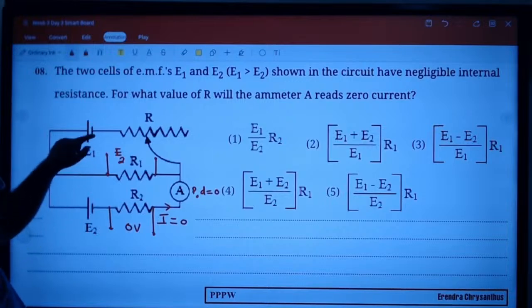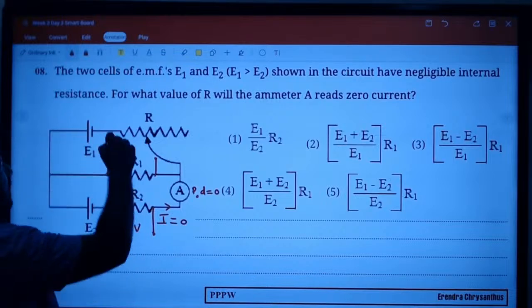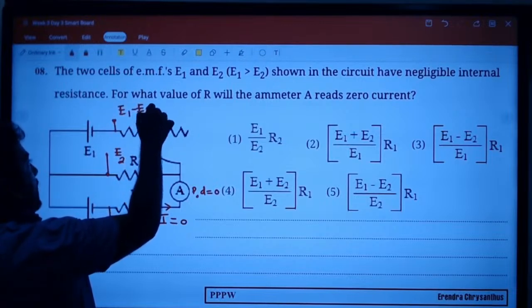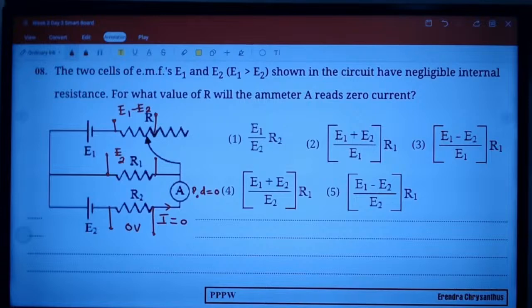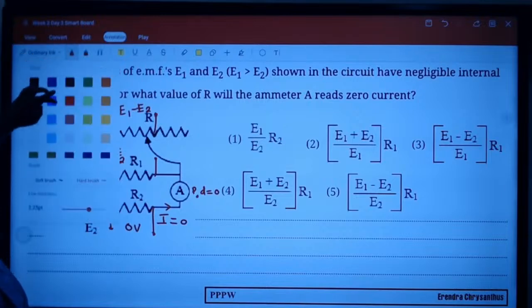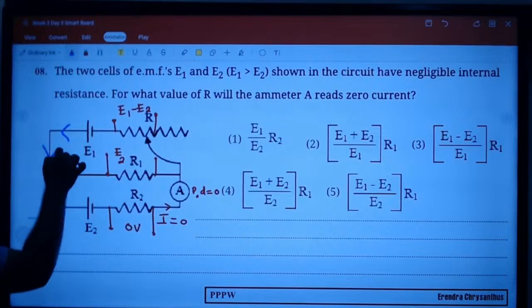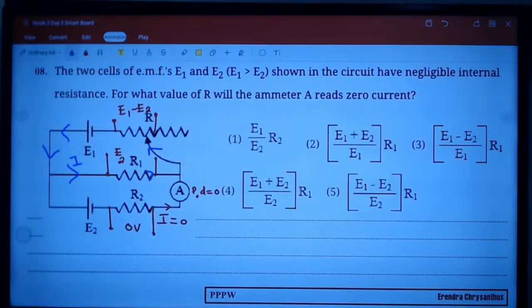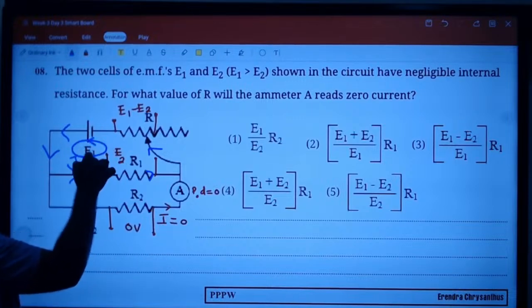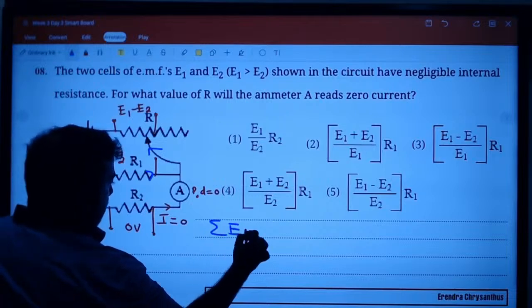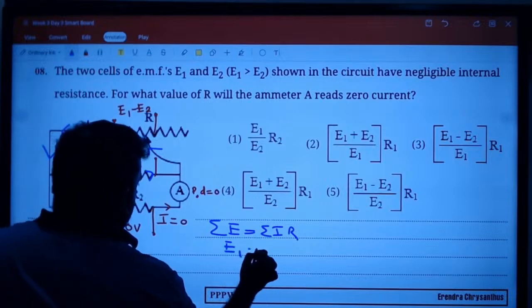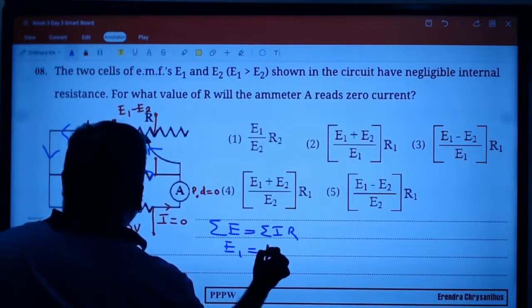Now E1 is giving energy to this. E2 is here, so the remaining, E1 minus E2, will be across the resistor. Right. So now you can apply Kirchhoff's law and find the current also, because current will go through only this, not across that. Current is 0. Minus to plus, sum of EMF equals sum of potential differences.